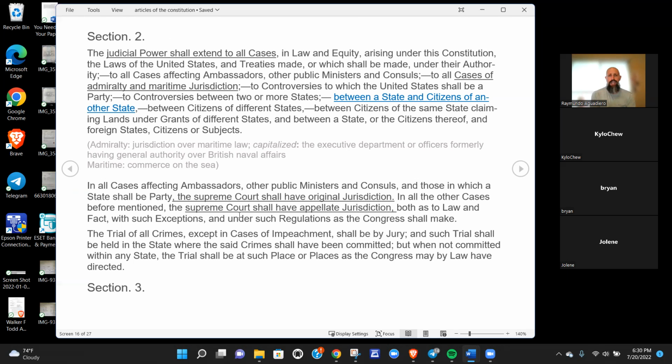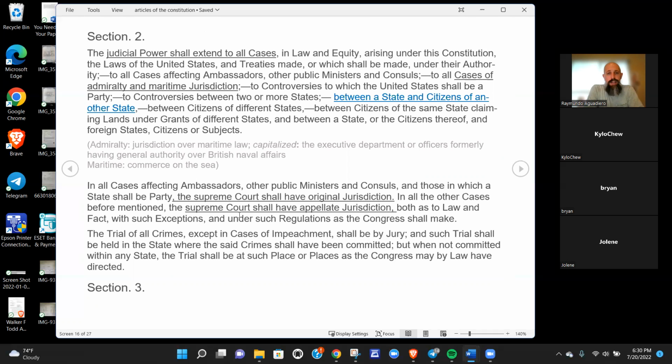So yeah, whenever a state is involved in some kind of suit or case, the judicial powers of the federal government preside, and they can preside through their inferior courts, the federal district courts. All right, the admiralty and maritime I thought were quite interesting. I added the definition there: admiralty, jurisdiction over maritime law.